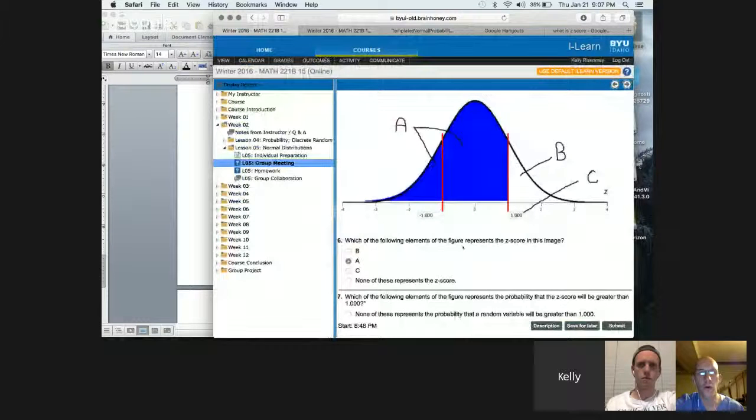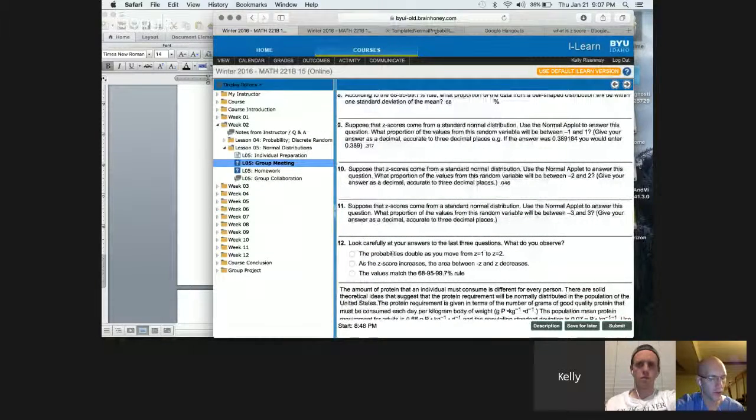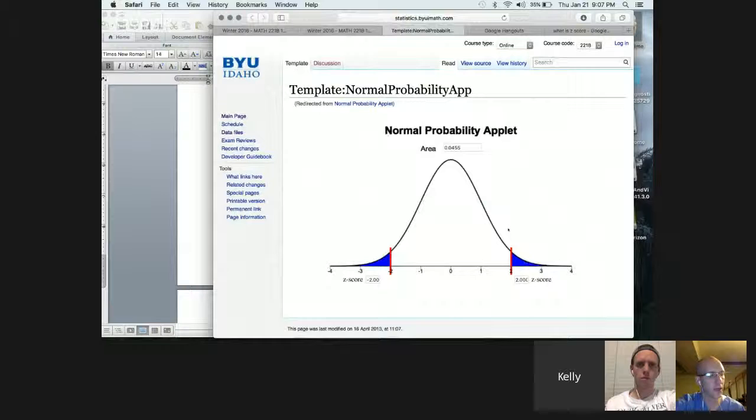So for number 10, if I put in the 2 and the -2 with those 2 outer areas, now I'm getting... Oh yes. Okay, the probable area is 0.045. And if you round 0.046 to the third decimal place.